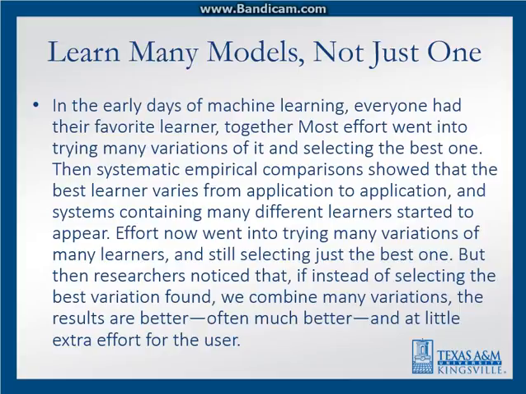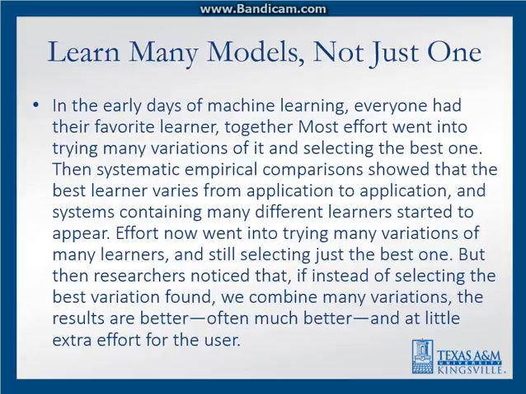Remember, learn many models, not just one. In the early days of machine learning, everyone had their favorite learner. Together, most effort went into trying many variations of it and selecting the best one. Then, systematic empirical comparisons showed that the best learner varies from application to application, and systems containing many different learners started to appear.